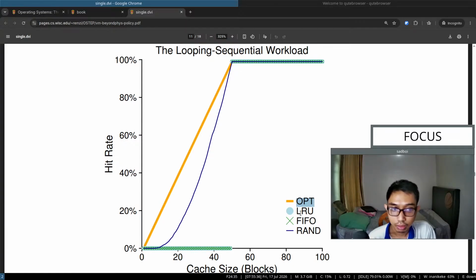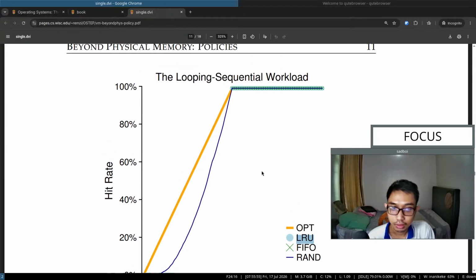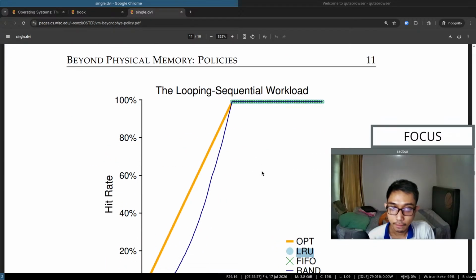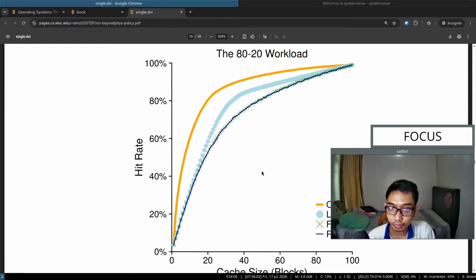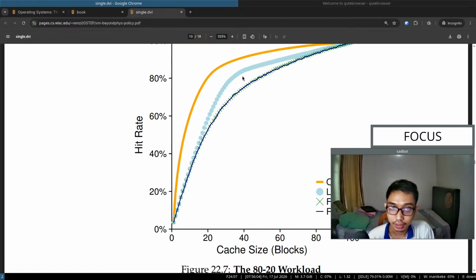And then this blue line is the random. And then this green X is the first in, first out. But where is the circle blue? Circle like blue. Yeah, this one.